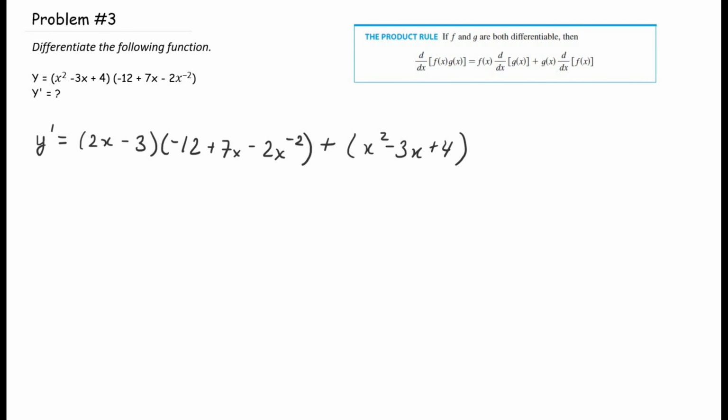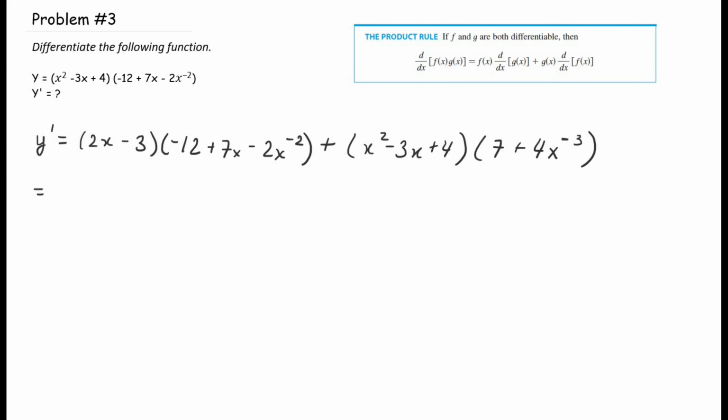So using the product rule, your y prime is equal to the derivative of the first function, which gives you 2x minus 3 times the second function, which is minus 12 plus 7x minus 2x to the minus 2, plus your first function, which is x squared minus 3x plus 4 times the derivative of the second function, which gives you 7 plus 4x to the minus 3.